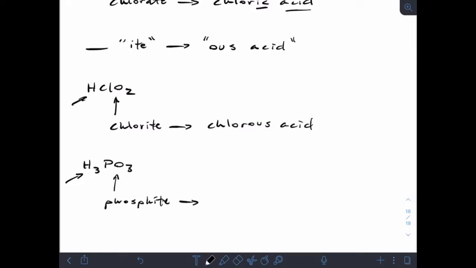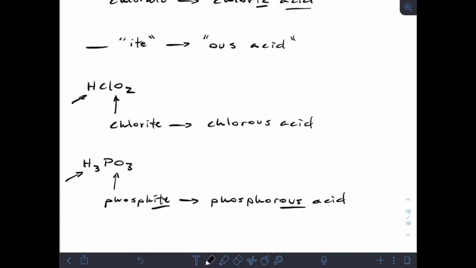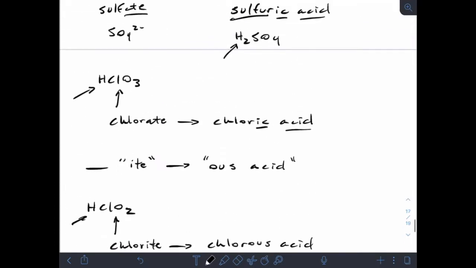It's a little bit different, but phosphorous acid. That phosphor is still the base of phosphite. So sulfuric and sulfurous, phosphorous acid, but ITEs still become OUSes. And coming back up here, ATEs become ICs.